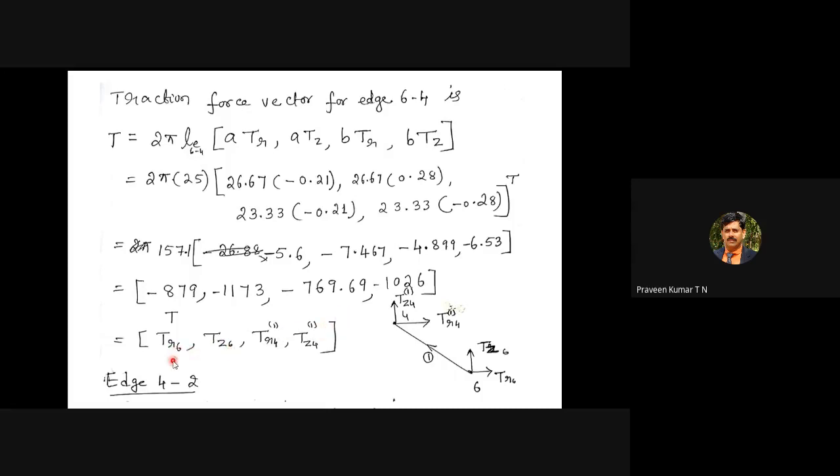That means we have TR6. The TR6 value is minus 879.